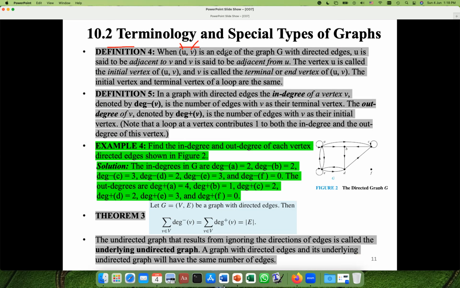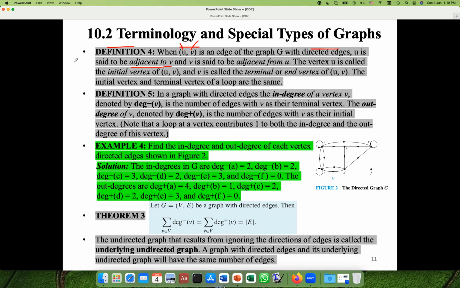So if you have an edge of the graph represented with U comma V with directed edges, and the direction is also there, then you can say U is said to be adjacent to V.